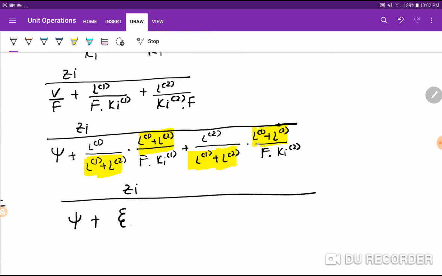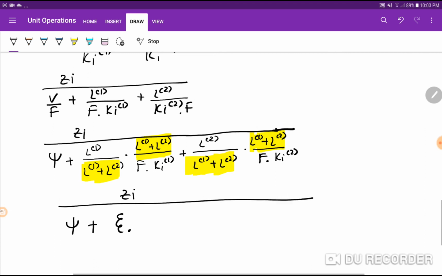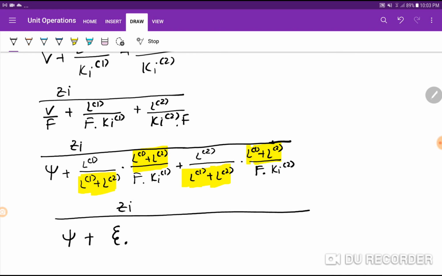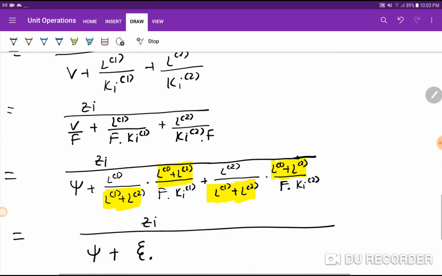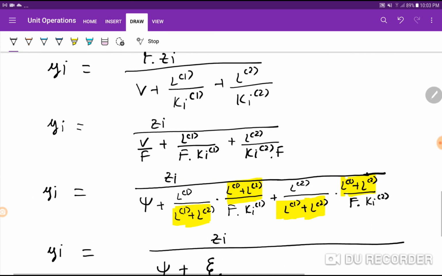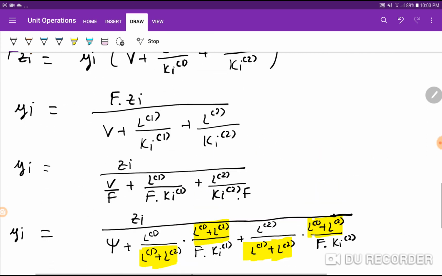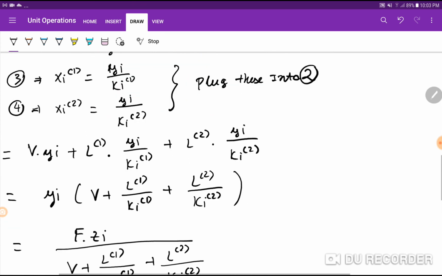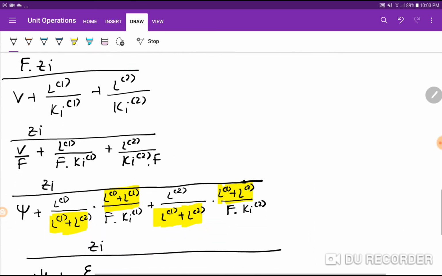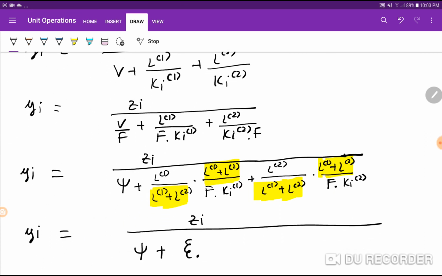Times. Okay, now I'm gonna do a little bit of replacement. L1 plus L2, I'm gonna replace it with, let me see, from 1 we have F equal V plus L1 plus L2, right guys?